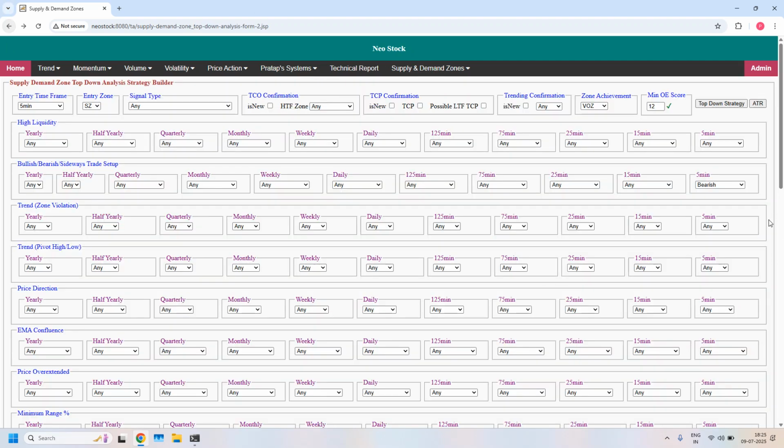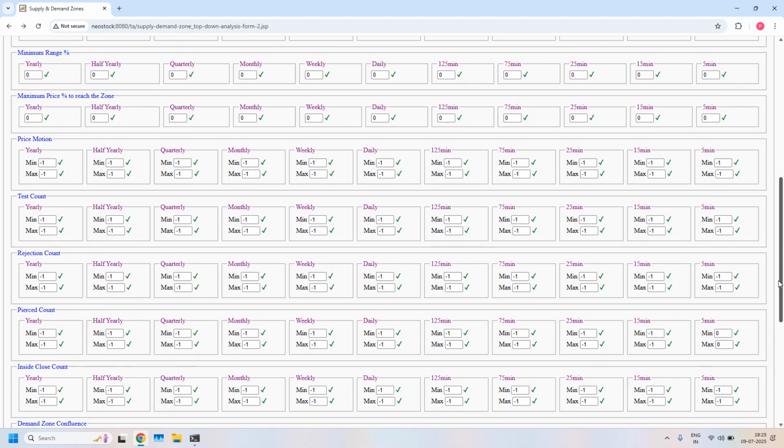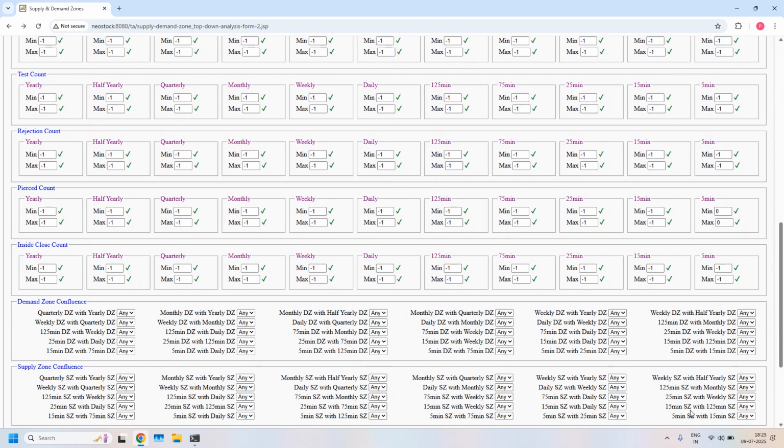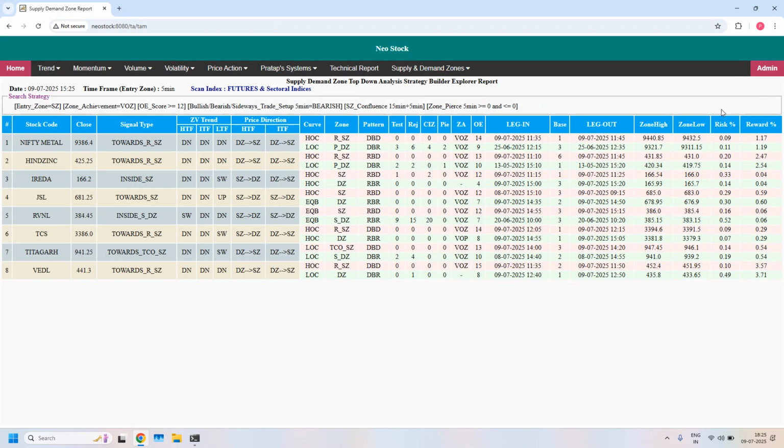So first filter is 5 minutes and 15 minutes supply zone confluence. I am enabling the filter. By applying the filter, out of 9, we got 8 stocks. In all these 8 stocks, these 5-minute supply zones are overlapped with the 15-minute supply zone. And 15 minutes trend is a downtrend in all the stocks.